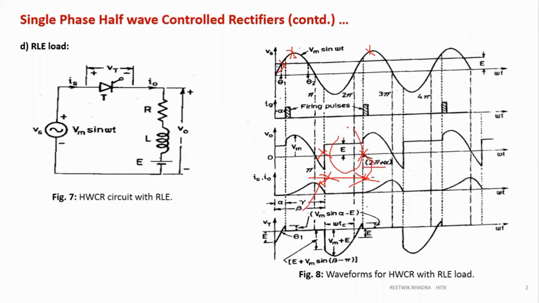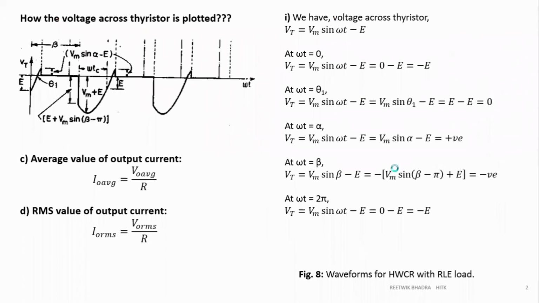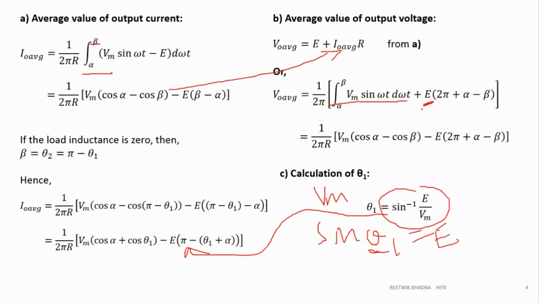So E exists for 2 pi plus alpha minus beta per cycle. That's why it is written E into 2 pi plus alpha minus beta. If you do this and make all the calculations, taking E common, you will get this value again. So not a problem, any method you can do.